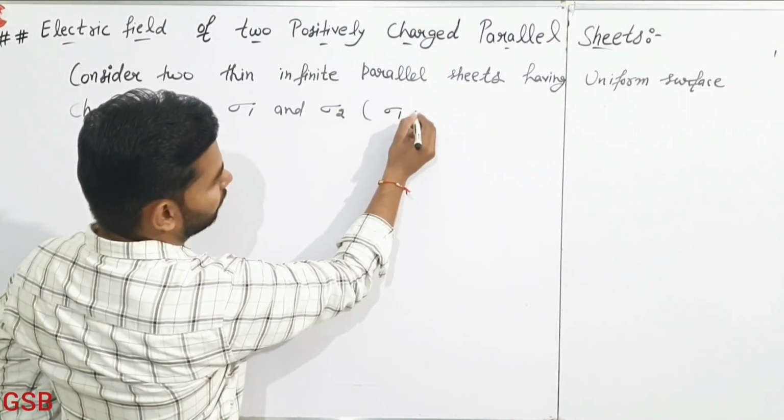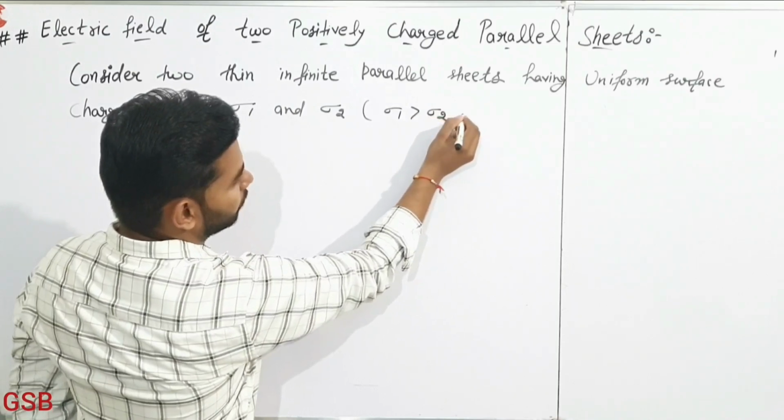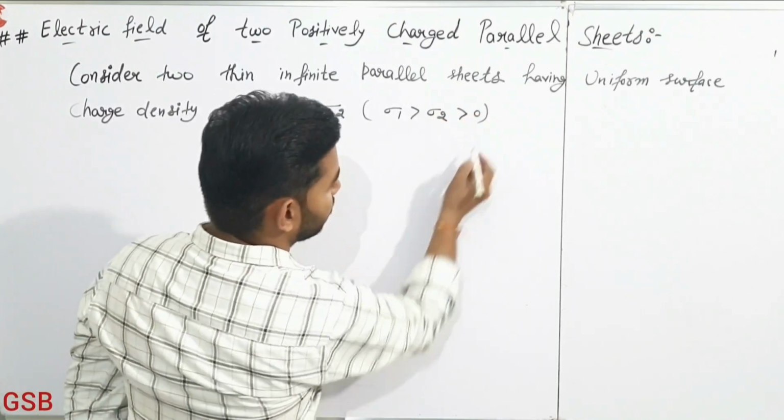Suppose sigma 1 is greater than sigma 2 and sigma 2 is greater than 0.